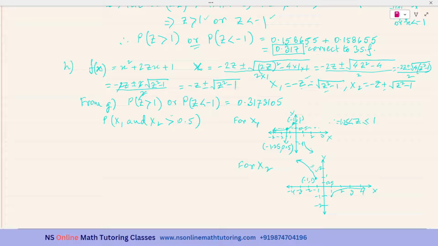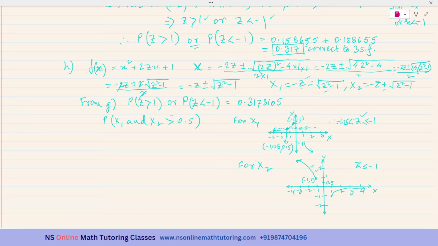So from here, sorry, this is z is less than or equal to negative 1. Sorry for that. And from here, I am getting the z value as less than or equal to negative 1.